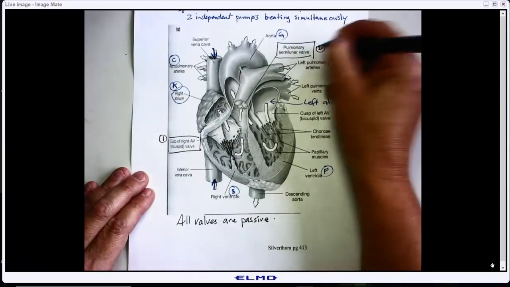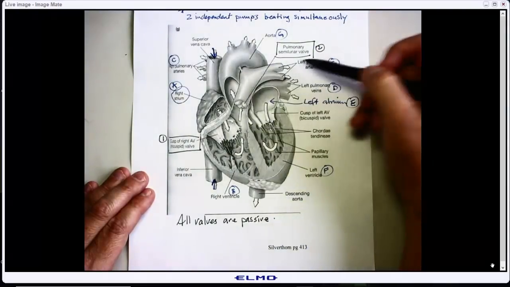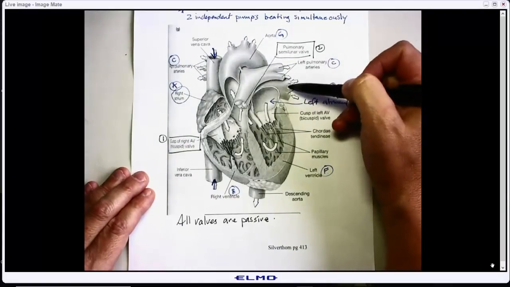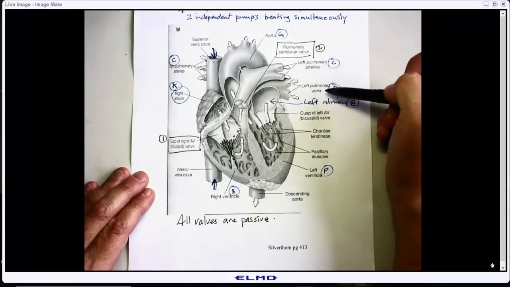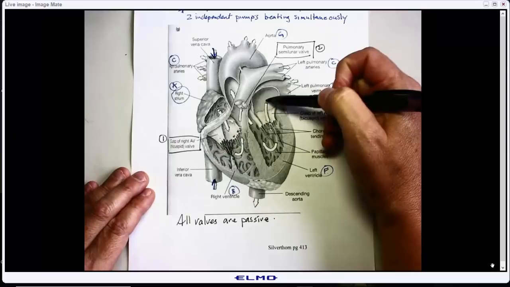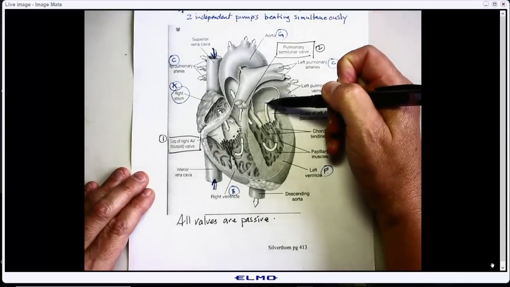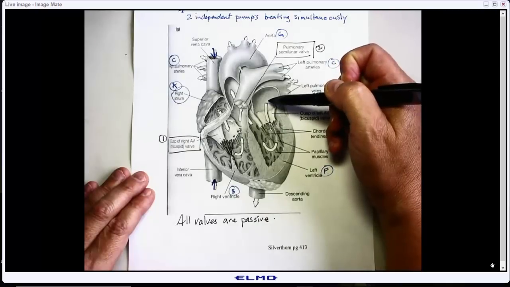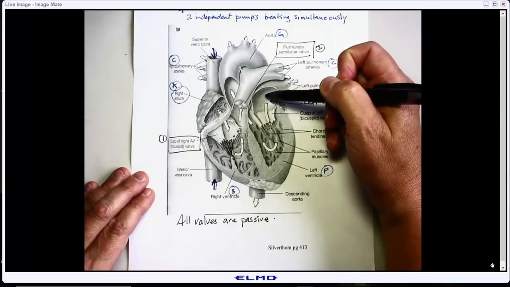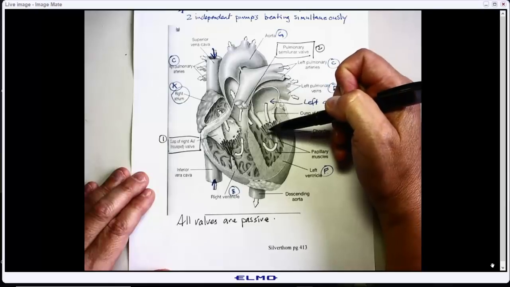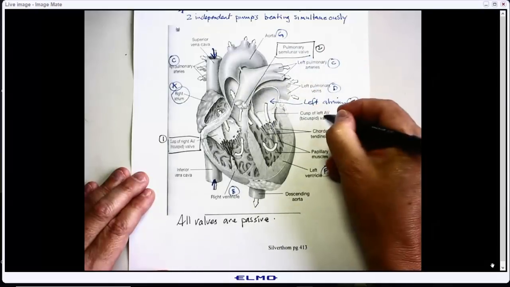Okay. And then blood went out to the lungs, and then is coming back from the lungs through pulmonary veins, right and left pulmonary veins. Okay, back into the left atrium. The left atrium, we want to move blood from the left atrium into the left ventricle. Okay, in order to do that, we have to go through another set of AV valves here.